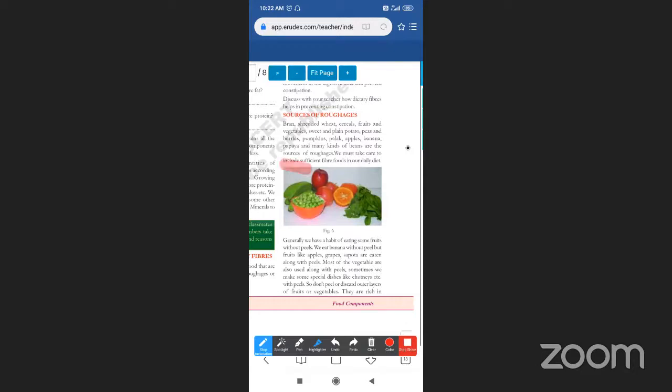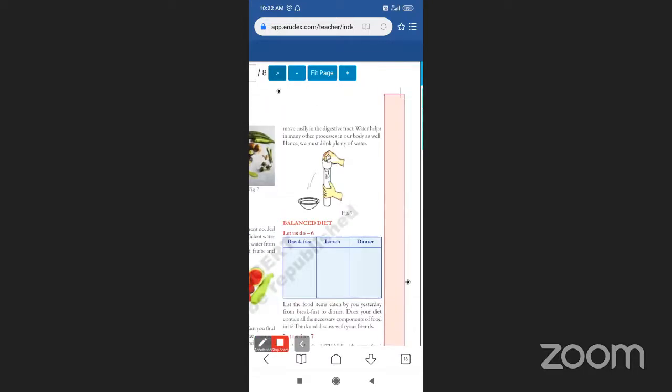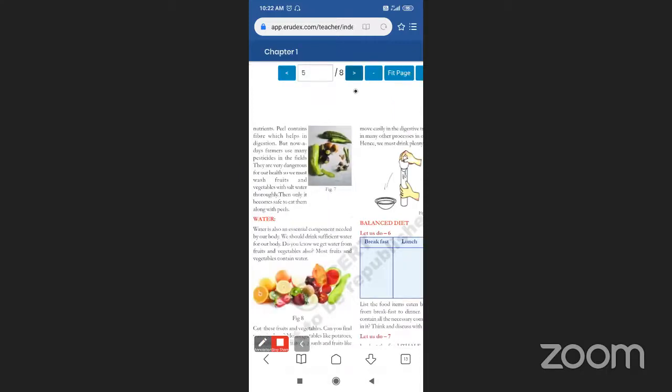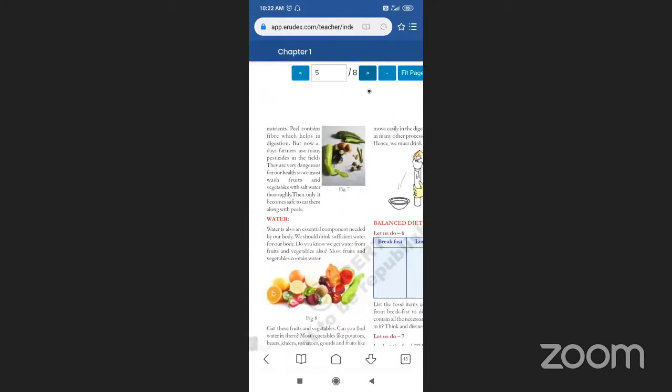When eating along with the peels, we need to wash before eating the fruits and vegetables. Carrot, I forgot to tell you actually, is a 0% fat content vegetable.